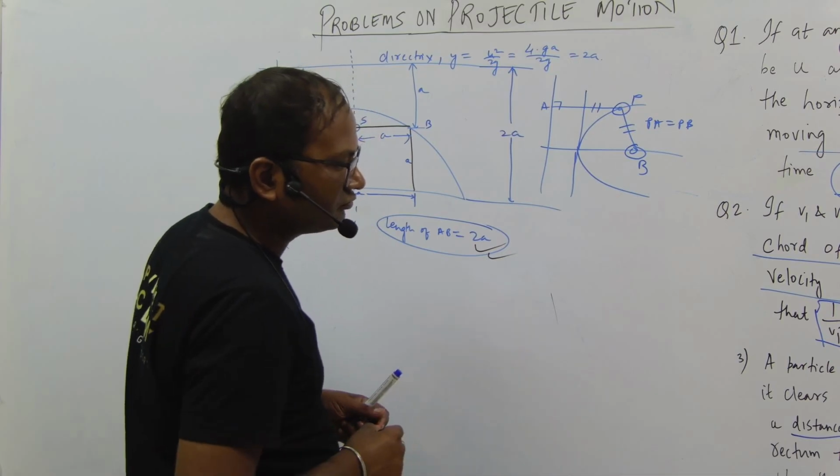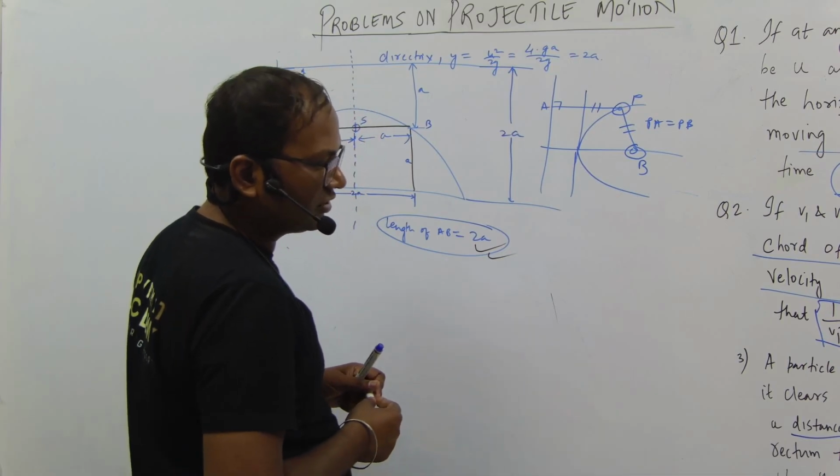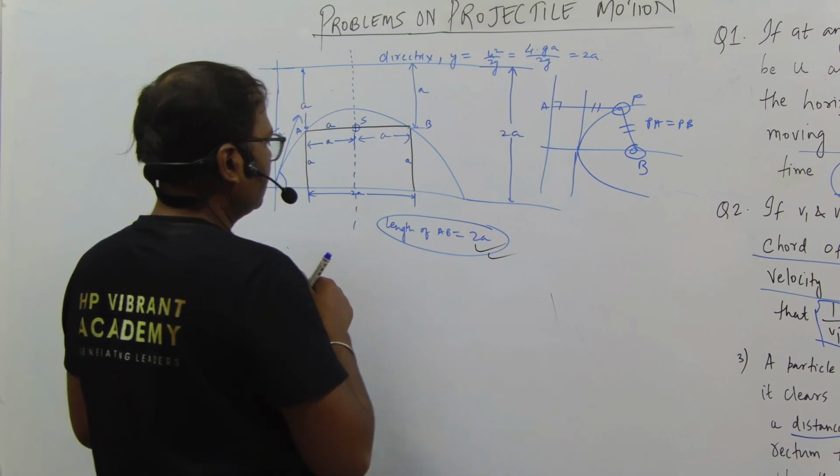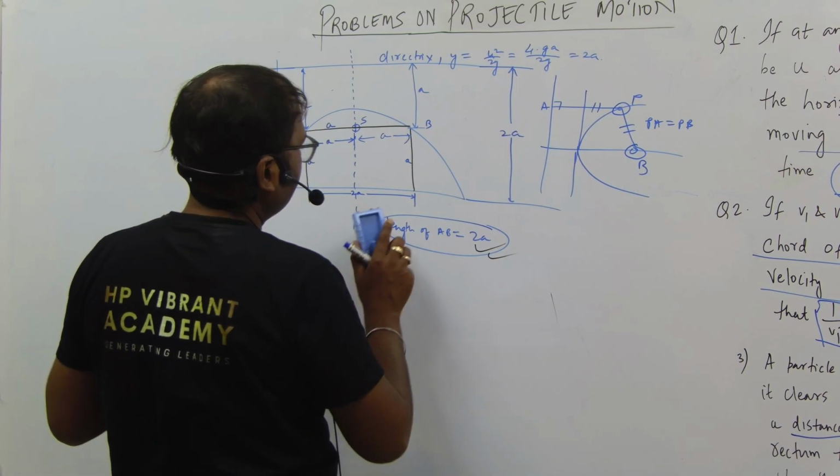Now what we have to show is that the time of passing between the walls is 2 root under a upon g. Let us consider the angle of inclination as alpha.